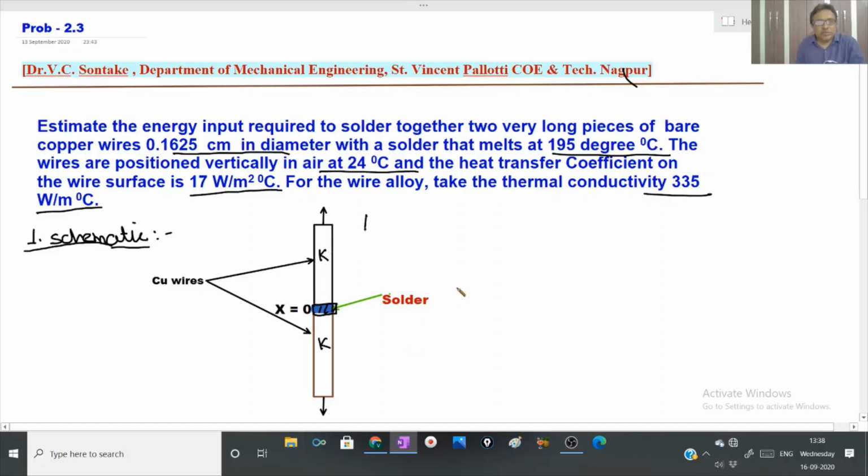Those wires are exposed to the air having temperature T infinity and convective heat transfer coefficient. We are supposed to calculate the energy required to solder these two copper bare wires. Here, as mentioned, the wires are very long, so we can assume them as wires of infinite length.